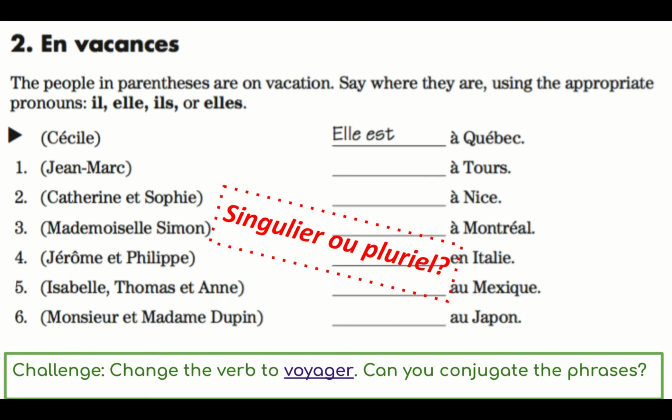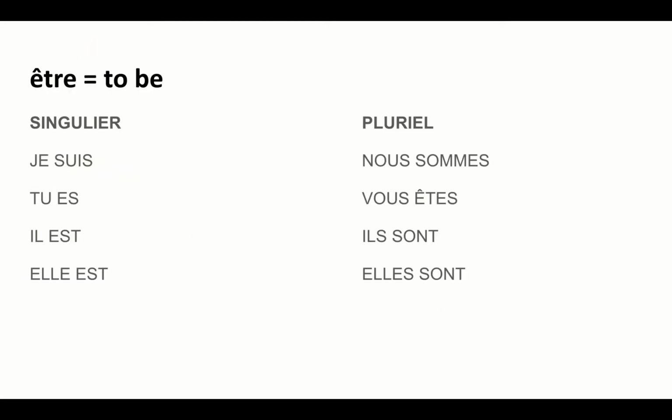Ça va? So, la grande question est, est-ce que le sujet est singulier ou pluriel? Revision. Okay, so here's a revision of être, how to conjugate that. So we are working with these guys here. Il est, elle est. Ils sont, elles sont. Singulier, pluriel. So you need to look at the subject and first determine, is it singular or plural?